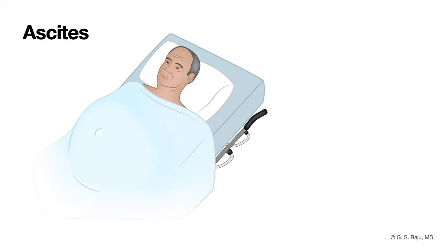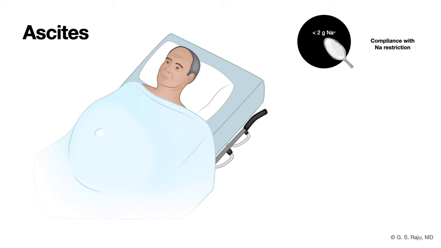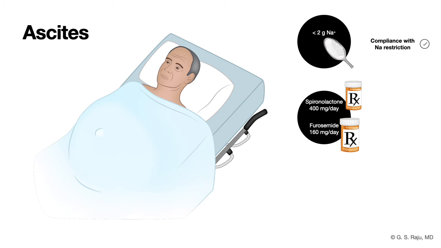Is the patient on a salt-restricted diet, less than 2 grams of sodium? If that's the case, you know that the patient is compliant with sodium restriction. So that's one thing you need to establish. Next, is the patient on diuretics, a combination of aldosterone antagonist, spironolactone, and a loop diuretic, furosemide?